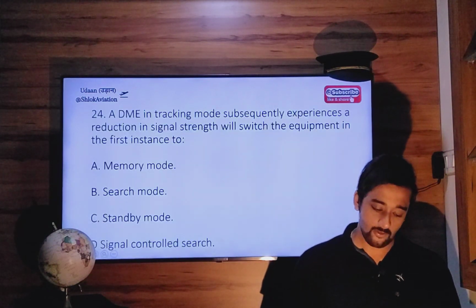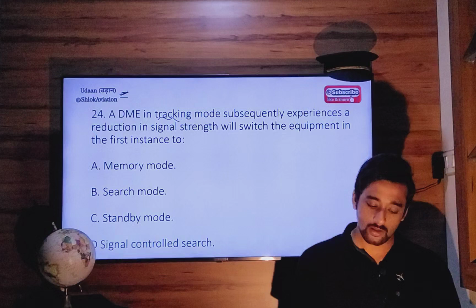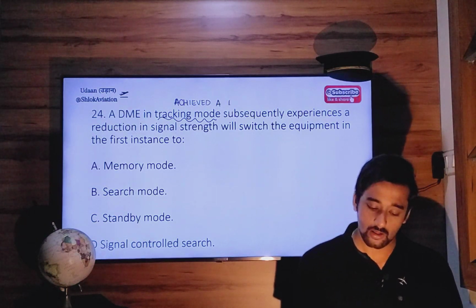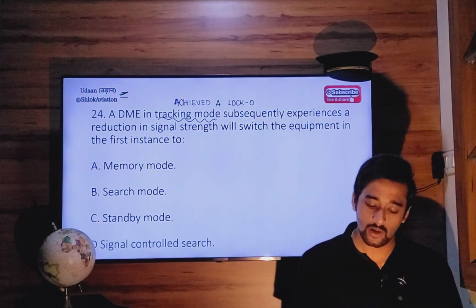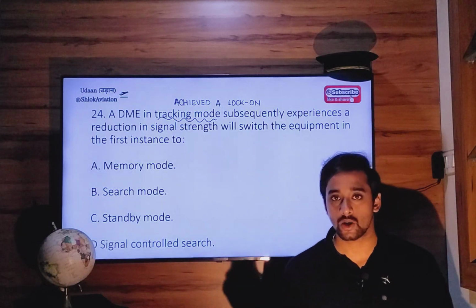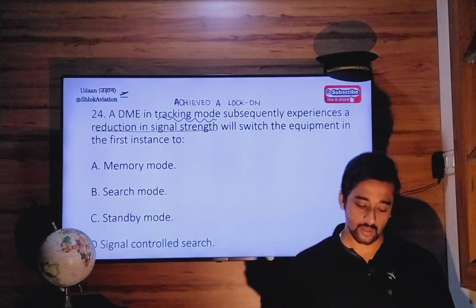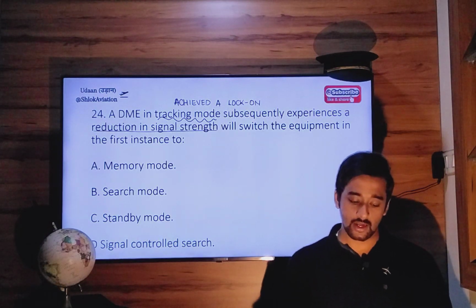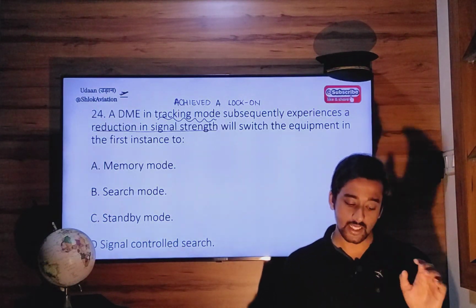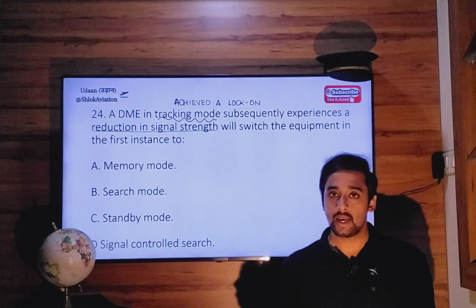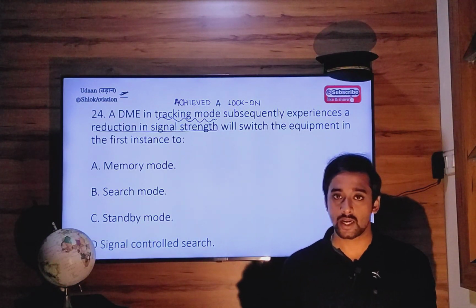Next, 24. A DME in tracking mode. That means it has successfully achieved a lock on, meaning it is successfully getting a DME indication in the cockpit. It experiences a reduction in signal strength. So it had achieved a successful lock on, and it was getting DME indications in the cockpit.